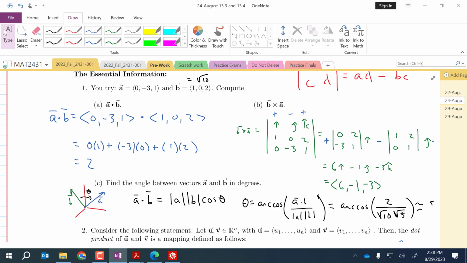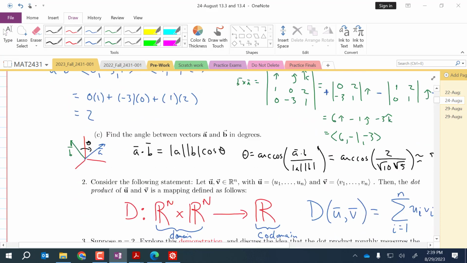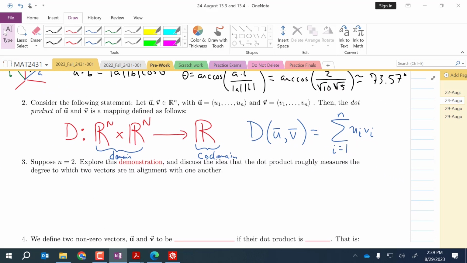I multiplied them together. Then I took this coordinate and this coordinate, my u2 and my v2, and I multiplied them together. Then I took my u3 and my v3, multiplied them together, and what did I do with that result? I added them all up. That's what this is saying to do. And so that extends to any dimension you want.